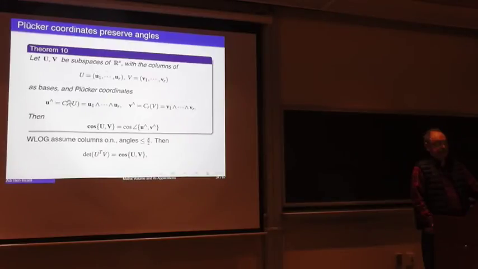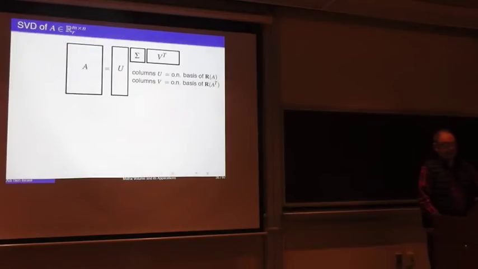All it is is the rth compound of this matrix. You take the Plücker coordinate of the other basis. So the product of the cosines of the two subspaces is the actual cosine, the ordinary cosine, of the Plücker coordinates. So that's a very nice property because it, in a way, preserves the angles. The cosine is the product of the cosines.